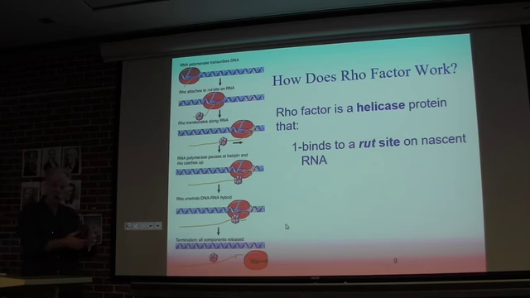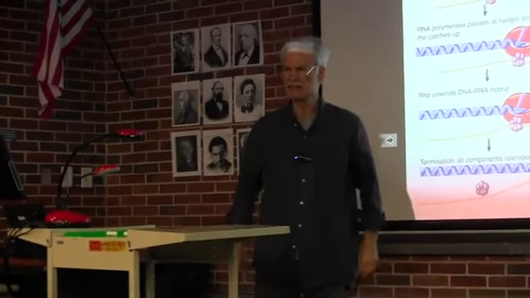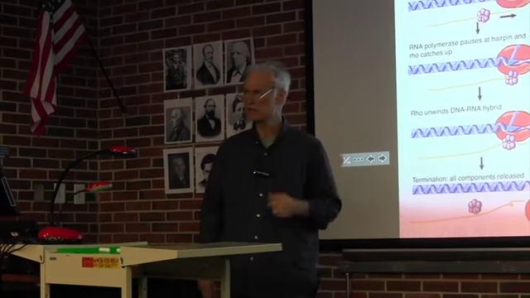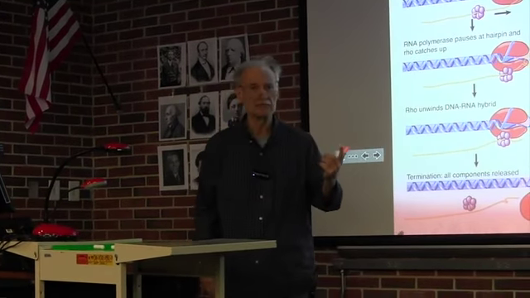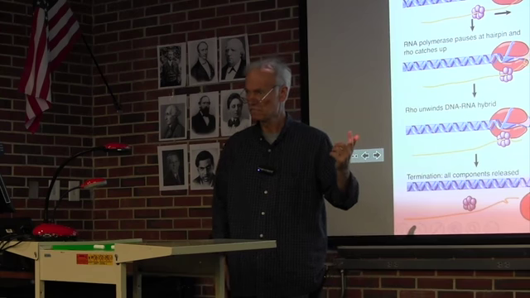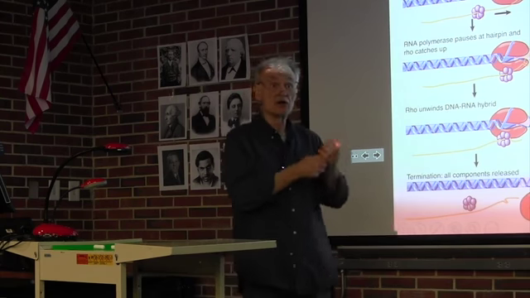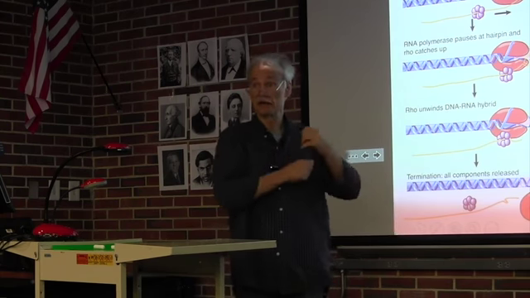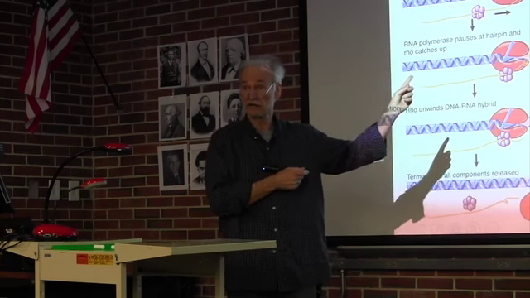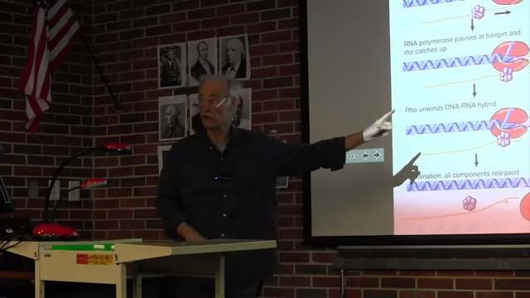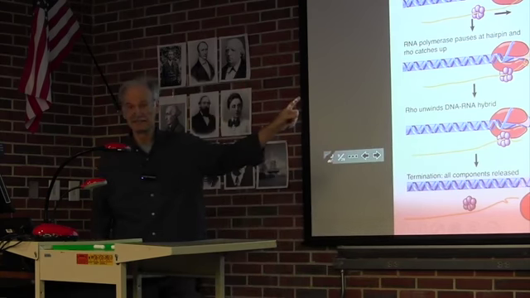That means it crawls along one base at a time. It's related to a helicase, but most of the time it's not melting anything. A helicase crawls along single-stranded DNA or RNA in this case. This is an RNA crawling helicase.